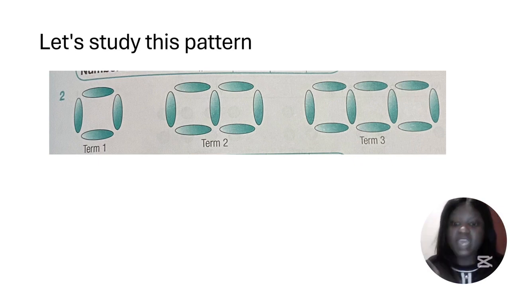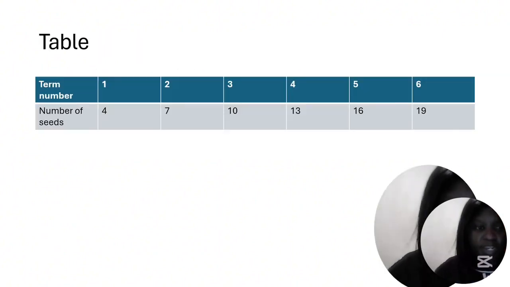So 4, you can say 4 minus 1 and then plus 1. As you can see there, that is our table. You can see that our table aligns with the geometric pattern.